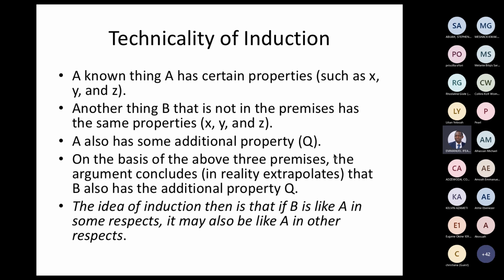A known thing A has certain properties, such as X, Y, and Z. Now another thing B that is not in the premises has the same properties X, Y, and Z. So A has X, Y, Z, B has X, Y, Z, and then A also has some additional property Q. Now, on the basis of the above three premises, the argument concludes, in reality extrapolates, that B also has the additional property Q.